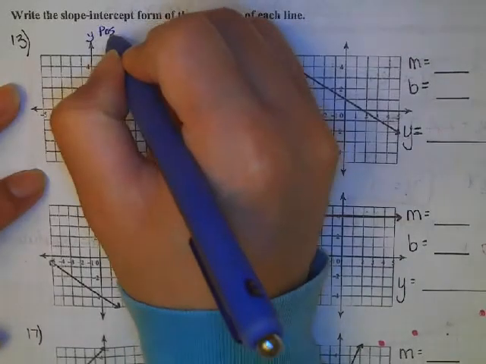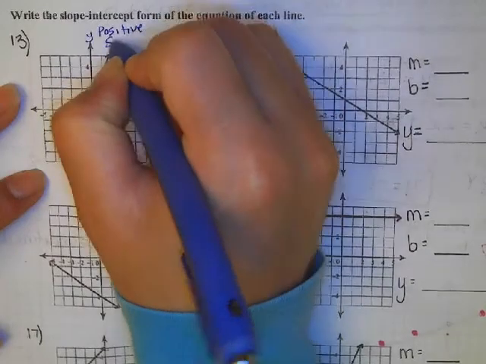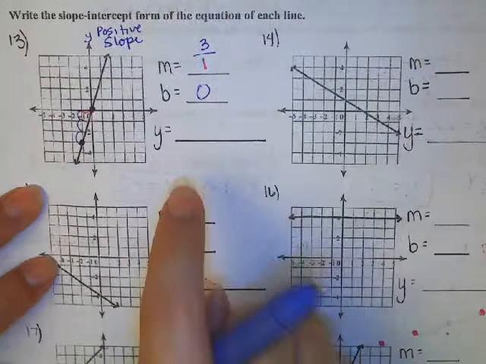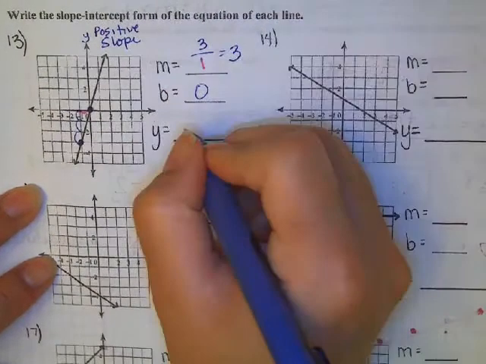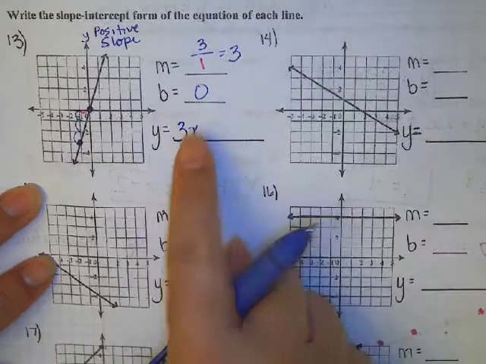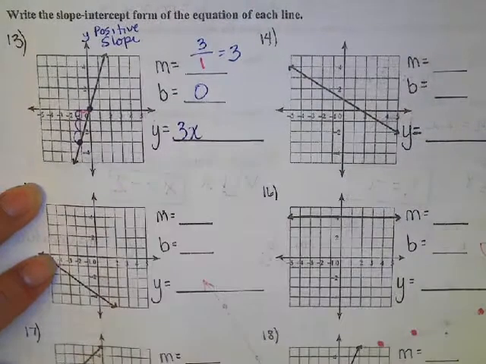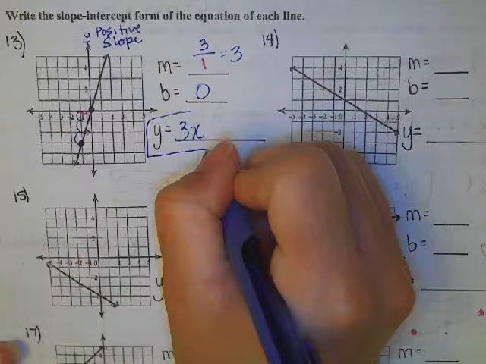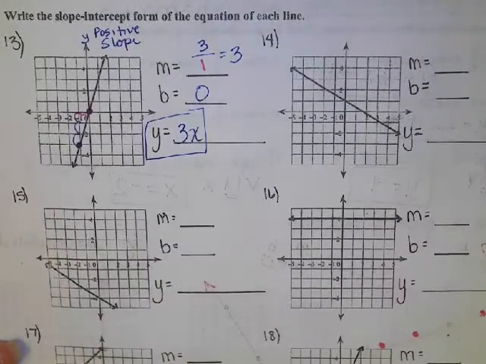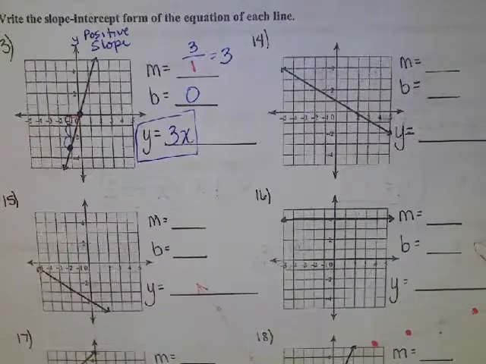This is a positive slope. So I'm going to put right here, positive slope. So then my equation is going to be 3 divided by 1. Well, I know that's just 3. So I can put 3x, remember the slope. M is always the one that gets the x. And then plus 0, I don't have to put it. Okay, I don't have to put the plus 0.